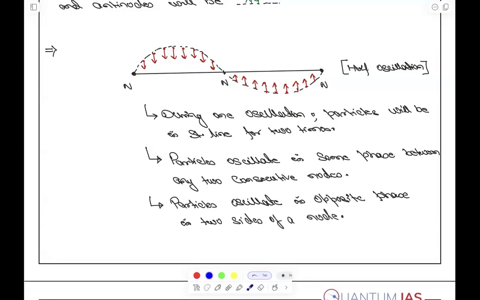So if you take any node, let's say this node, on this side and this side the particles' oscillation is different. Yes or no, everyone? Hey brother, is it okay up to here?